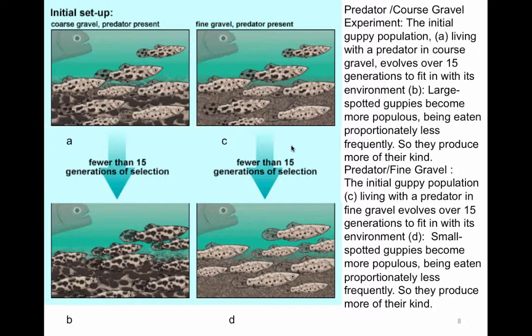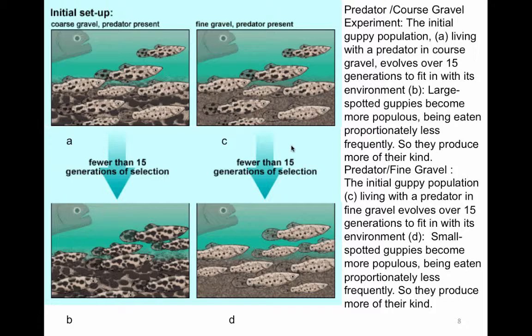The predator in a fine gravel experiment. The initial guppy population, as depicted in figure C, is living with a predator in fine gravel, and it evolves, that is, the prey evolves over 15 generations to fit in with its environment.